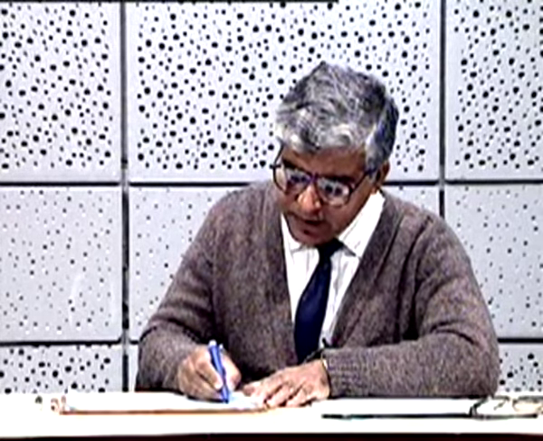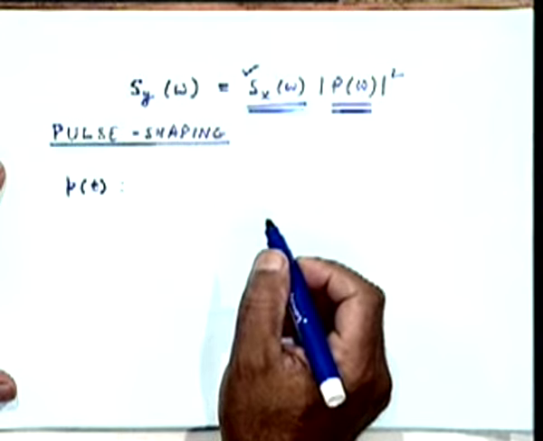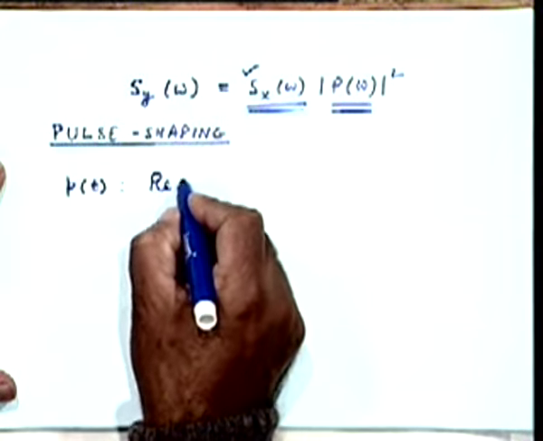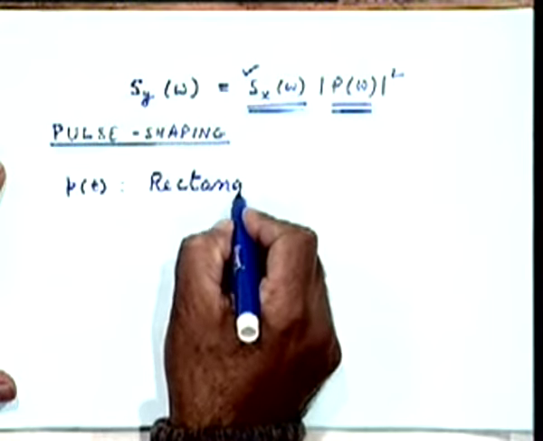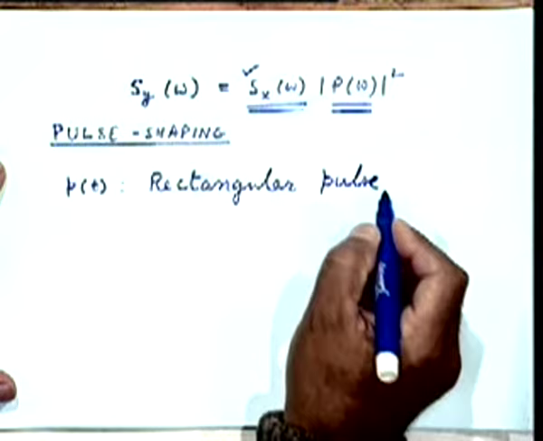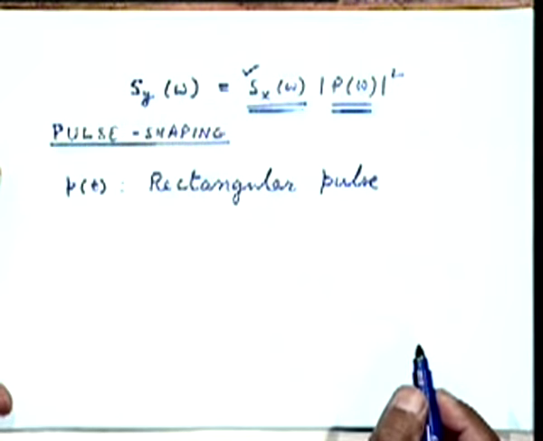What have we done so far? We have looked at PT. We have chosen PT to be essentially a rectangular pulse, in all our treatments so far. Which in principle has infinite bandwidth.